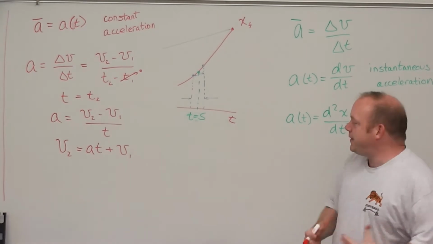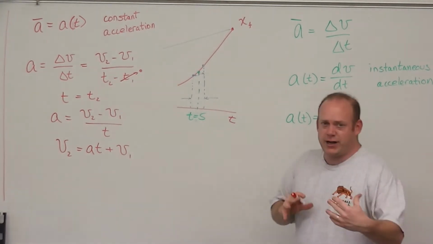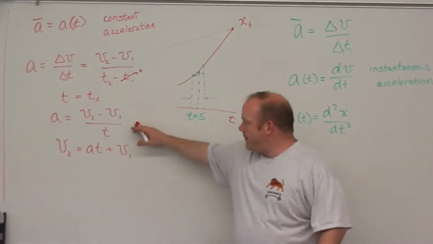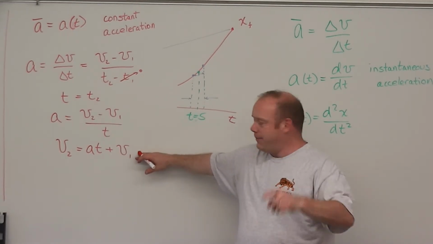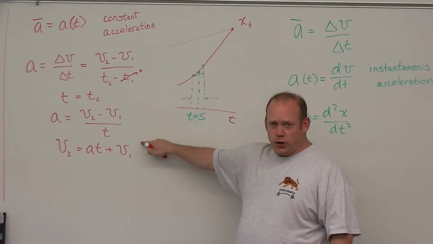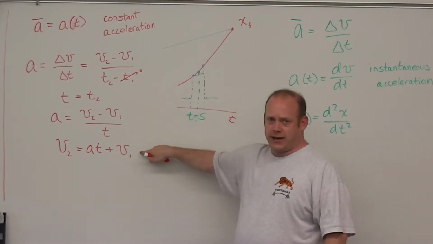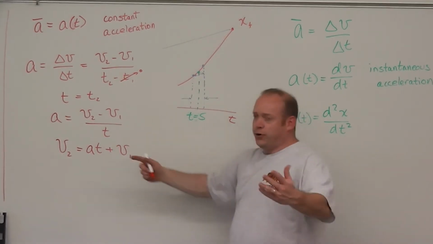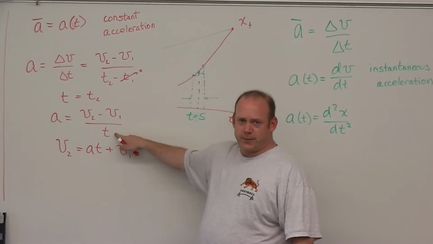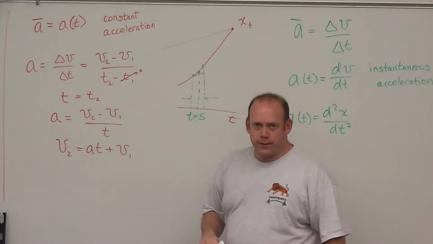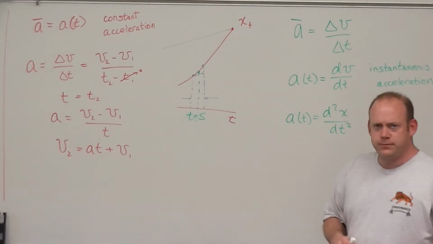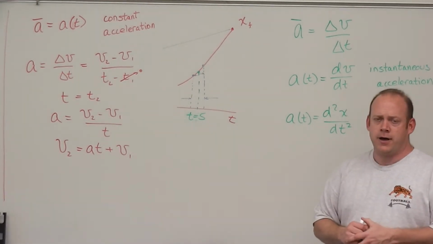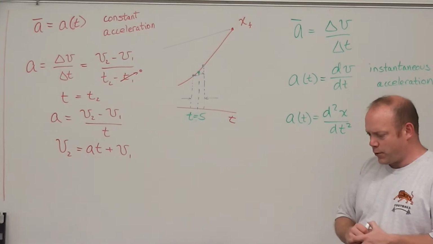I'm going to be teaching you guys physics, especially in this type of situation where I make a leap from here to here. This is where I want you guys to hit pause and you yourself get from here to here. I told you how to do it. You're going to multiply both sides by t. You're going to add v1 to both sides. But I want you guys to do that as part of your going through this lecture.